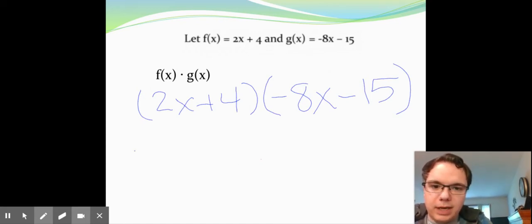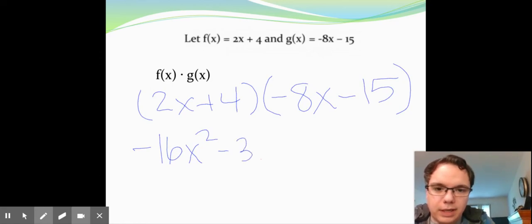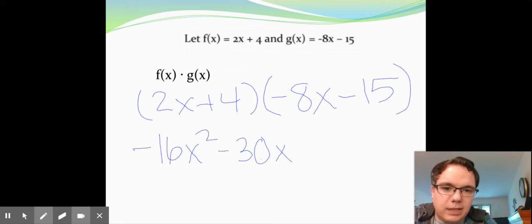2x times negative 8x is negative 16x squared. And 2x times negative 15 is negative 30x. 4 times negative 8x is negative 32x. And a positive 4 times a negative 15 is negative 60.